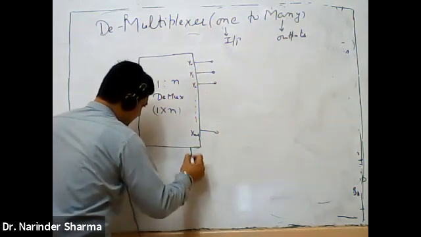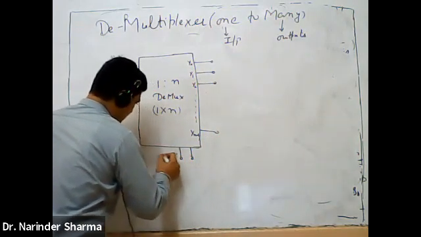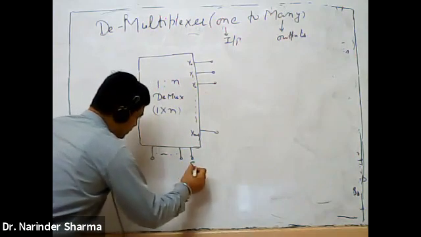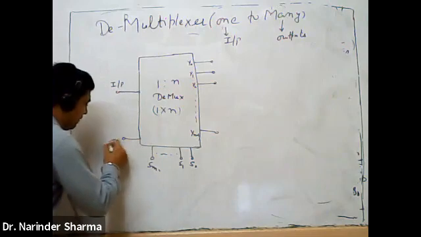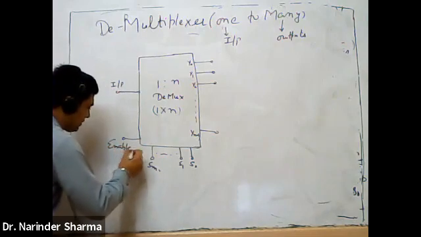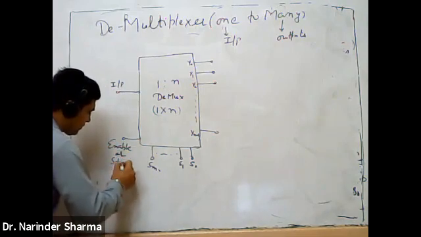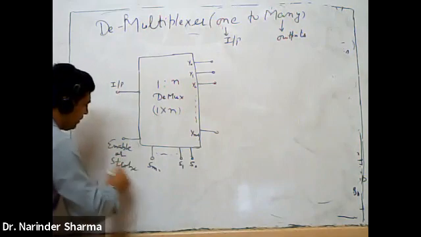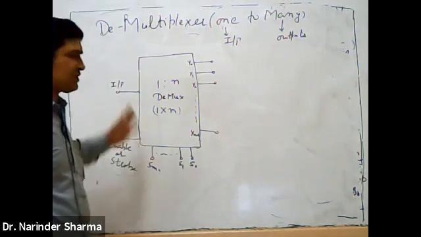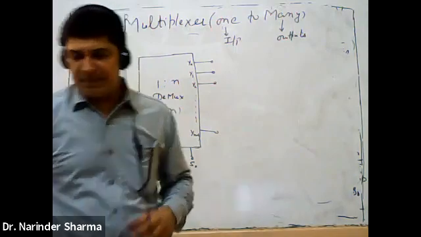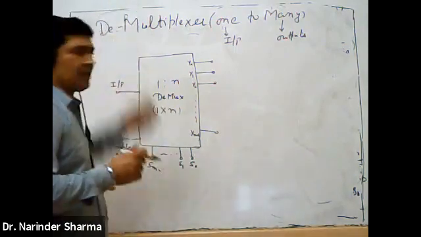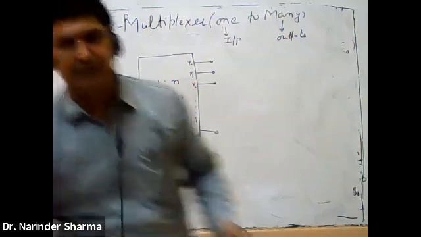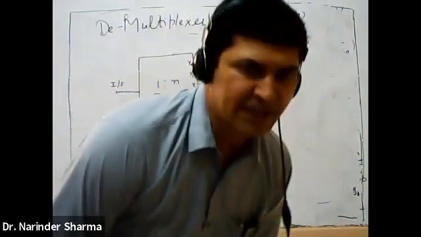Select lines are S0, S1 up to Sm minus 1. And again, enable or strobe is a must. In a similar way to what we learnt in the multiplexer, we will apply it in the demultiplexer. So a demultiplexer is also used where a multiplexer is used.